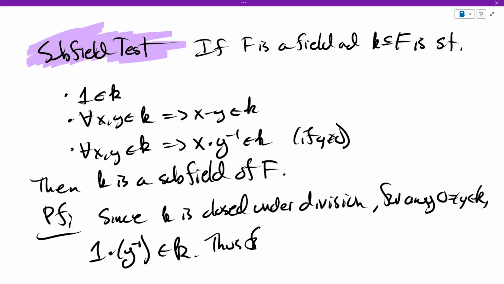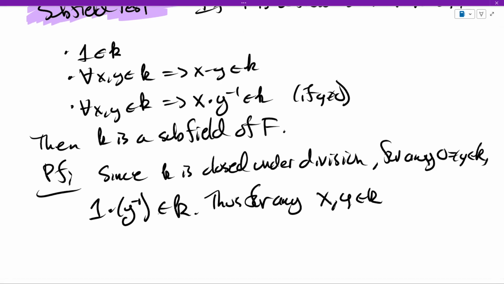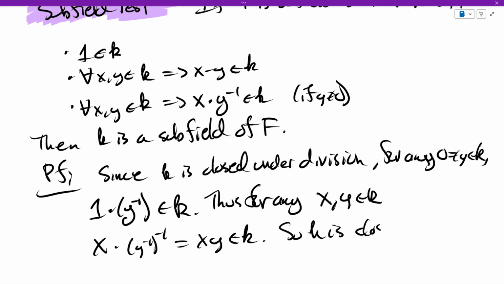Thus, for any x, y in K, we know that y inverse is in K. We get x times y inverse inverse, which is xy, is in K. So K is closed under multiplication.